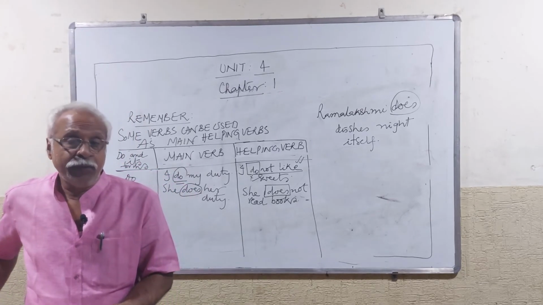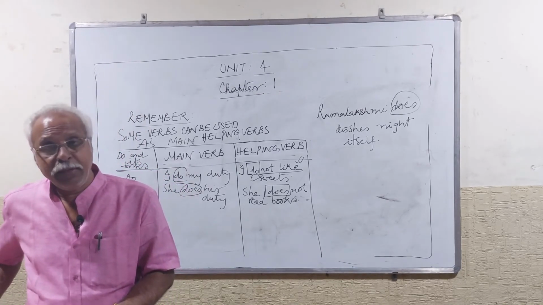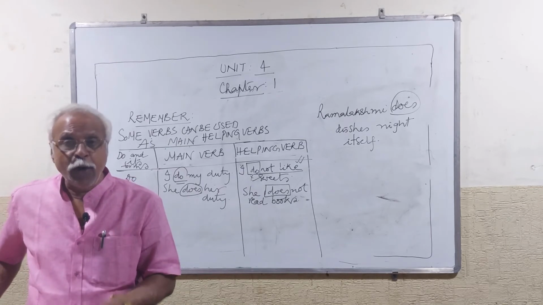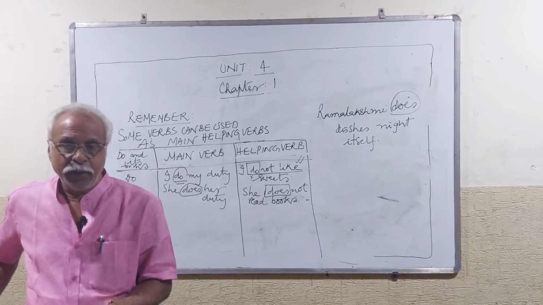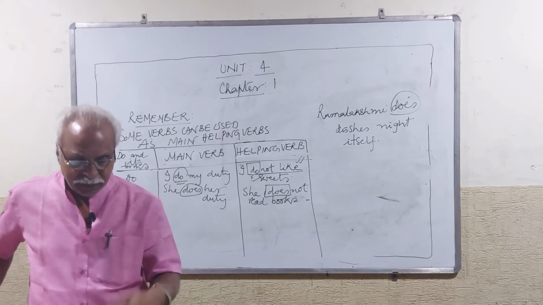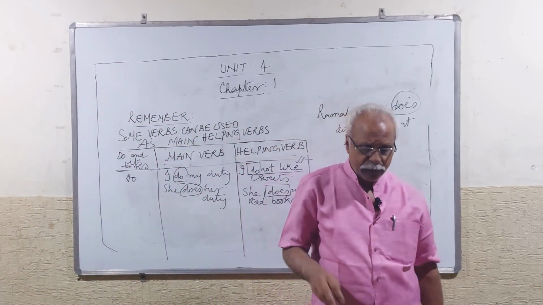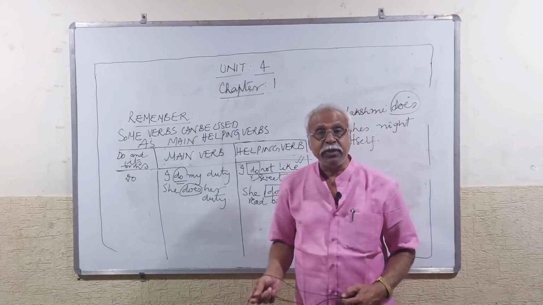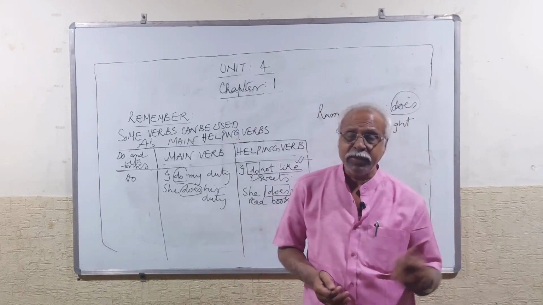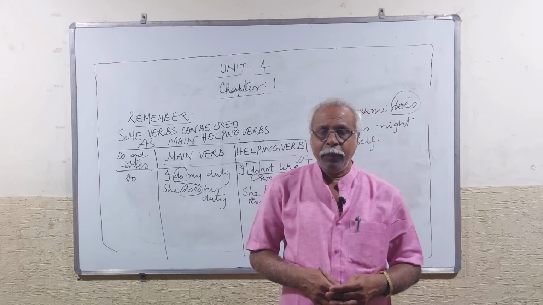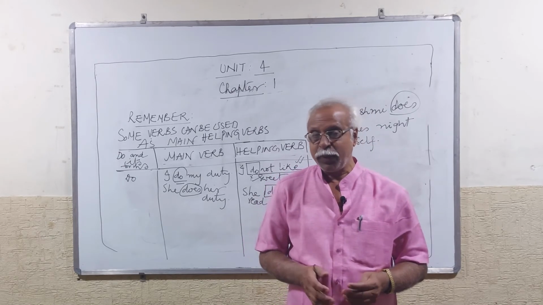And my wife, Ramalakshmi, does a lot of writing. Of course, you can say my wife Ramalakshmi writes novels, short stories, poems, articles. But is it not nicer to express like this?